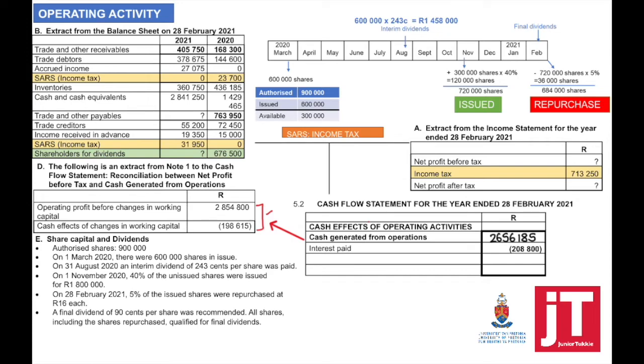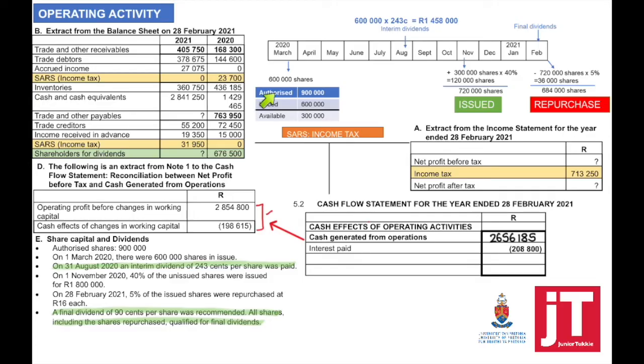If I look now at information E, share capital and dividends, authorized shares, 900,000. On the 1st of March 2020, there were 600,000 shares in issue. So I always make a timeline, and I indicate when we issued additional shares, whether it was recorded or not, to find out the balance in the beginning, and the same with the repurchase of shares.